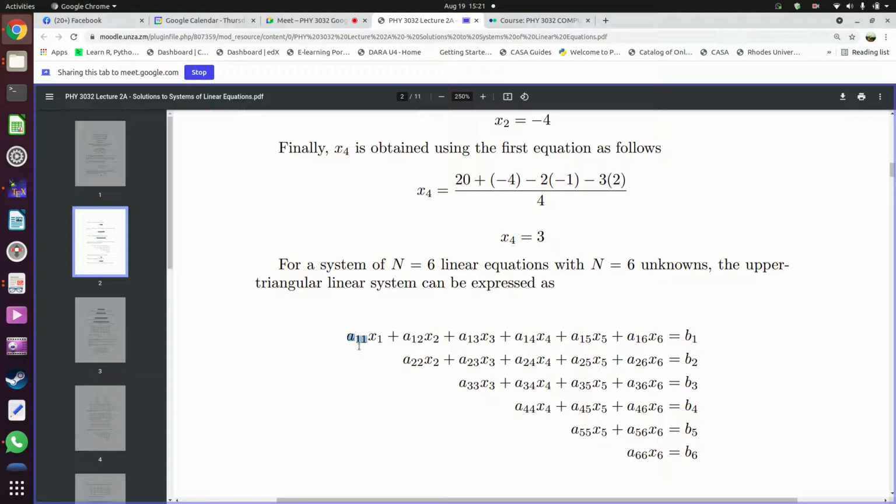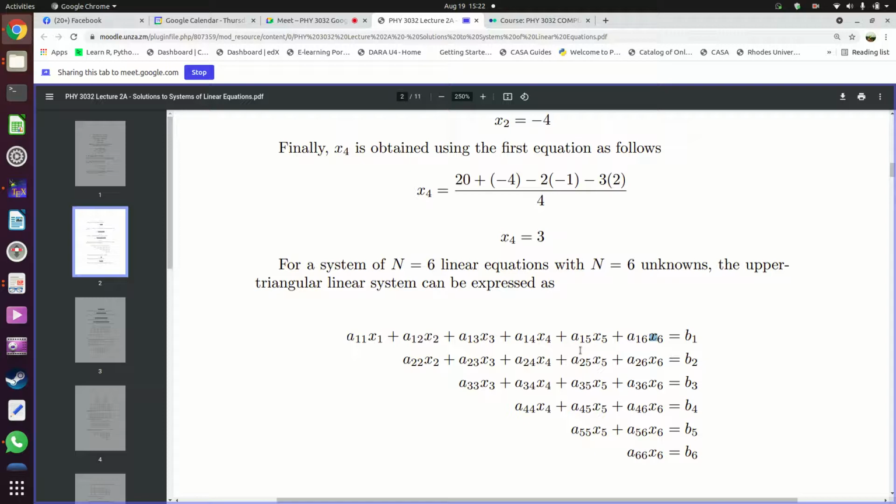The coefficients in front of our unknowns x1, x2, x3, x4, x5, x6 are going to be put in a matrix.